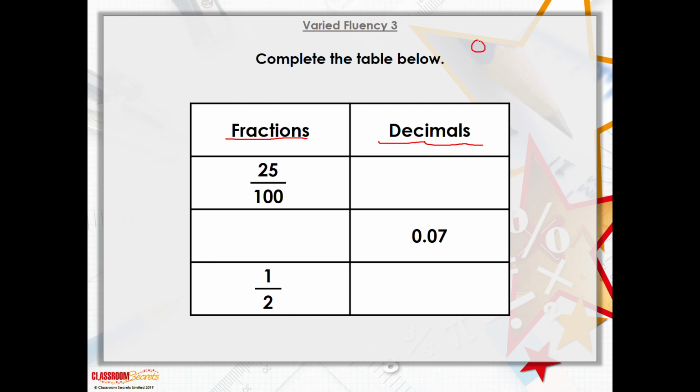So I'm going to place my place value grid. 25 hundredths, it's a decimal, it's 0. We have 2 tenths, and we have 5 hundredths, which is 25 hundredths altogether. So our answer is 0.25.